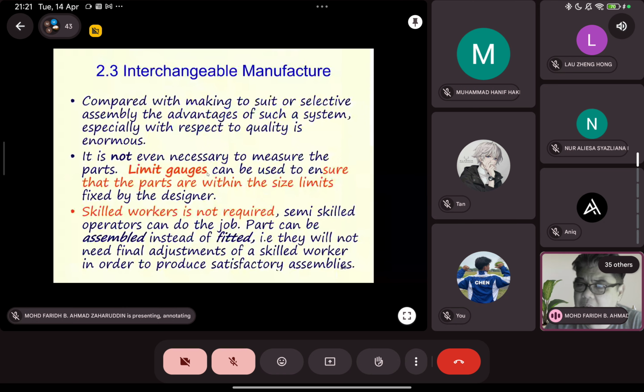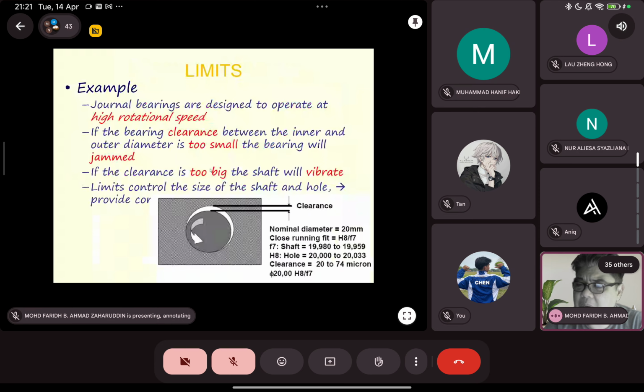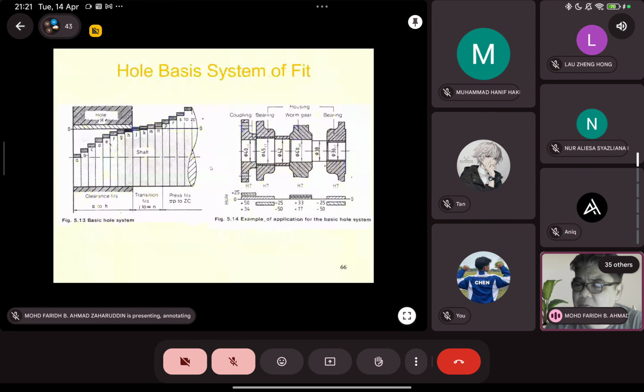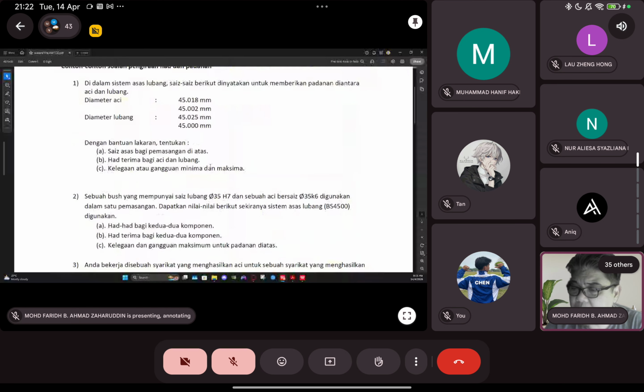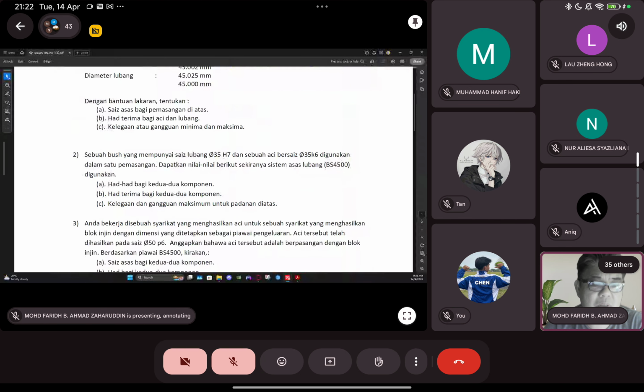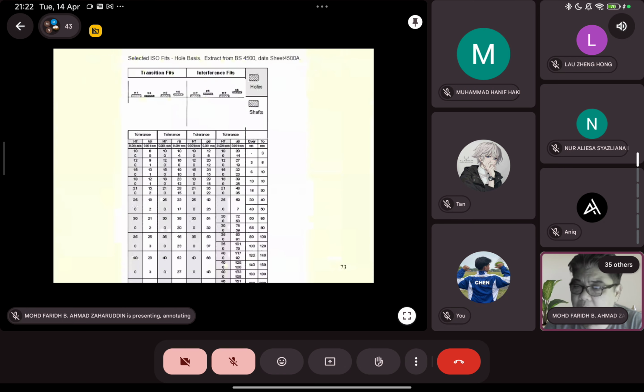Can you see it in the slide? Please check, refer to this. H7. Okay, this one, you can use this one. H7K6.